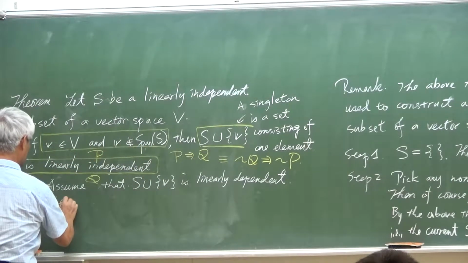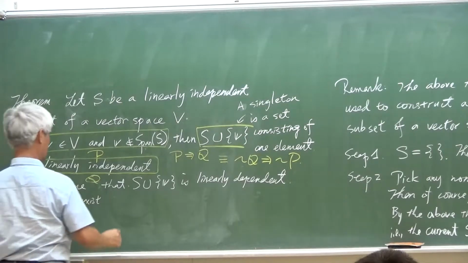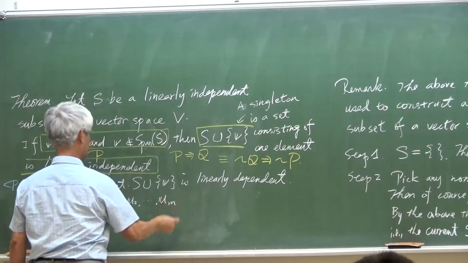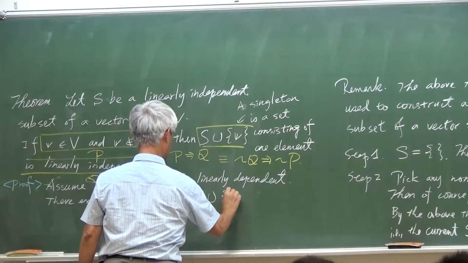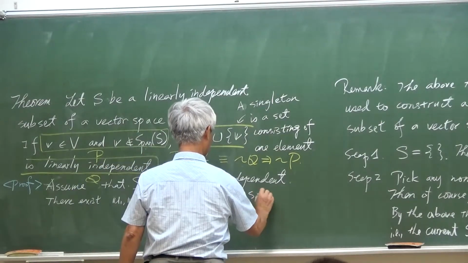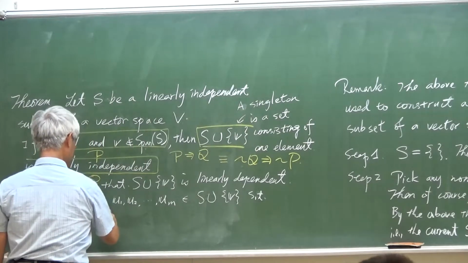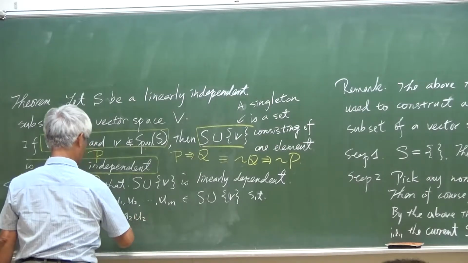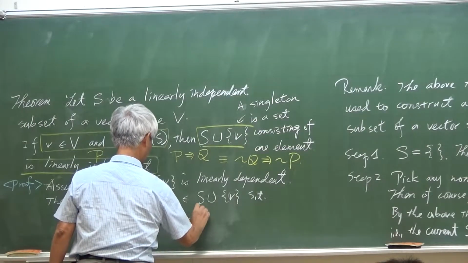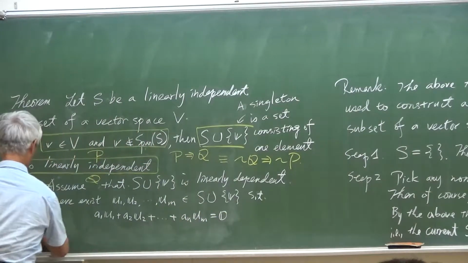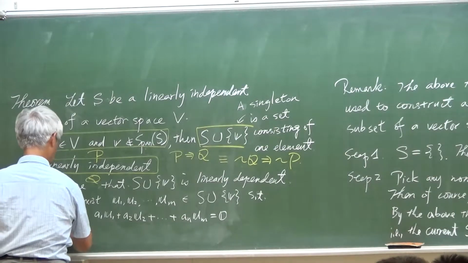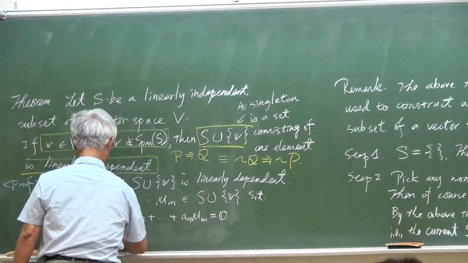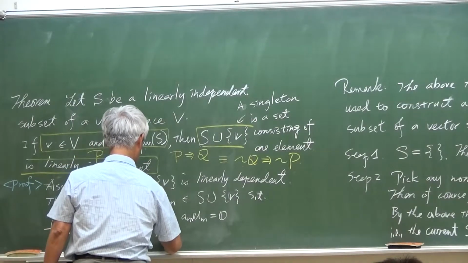So there exist u1, u2, up to um in the union such that a1 u1 plus a2 u2 plus up to am um equals the zero vector, for a1, a2 up to am not all 0.